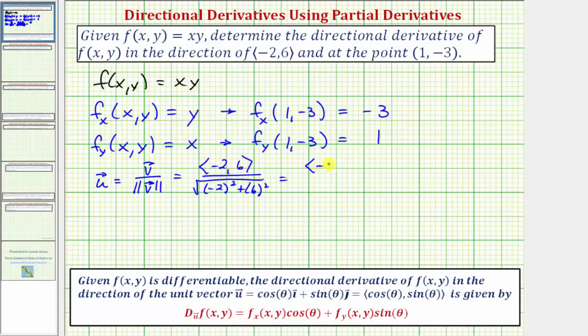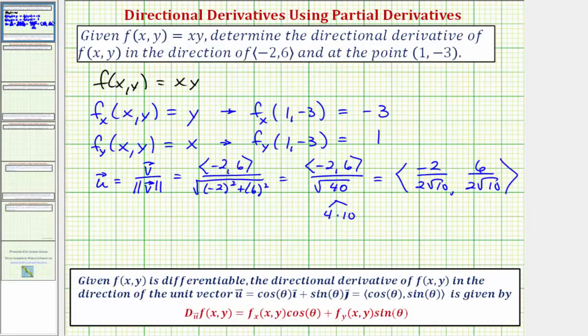So we have the given vector divided by, this is going to be the square root of 4 plus 36 or the square root of 40, which does simplify because 40 is equal to 4 times 10, and the square root of 4 is equal to 2. So let's rewrite this as -2 divided by 2 square root 10, comma 6 divided by 2 square root 10.